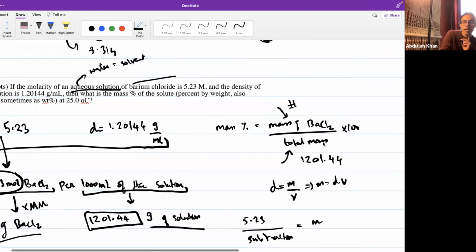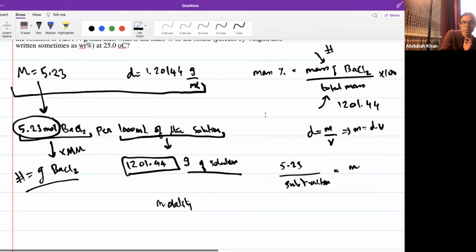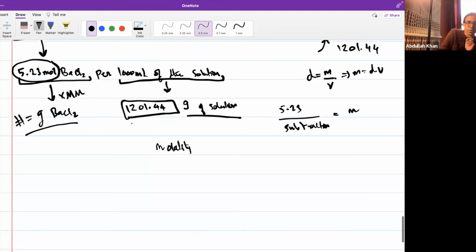Yes, there the total mass is 1201.44, which this is. But suppose instead of asking you for mass percentage, the question asked for molality. The denominator of molality has kilograms of solvent.